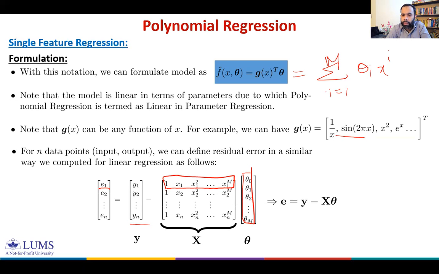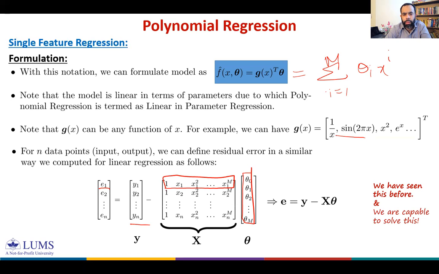We have seen this before. We have seen exactly this formulation. Previously we had w instead of theta, but here we have theta. And in fact, we are capable of solving this.